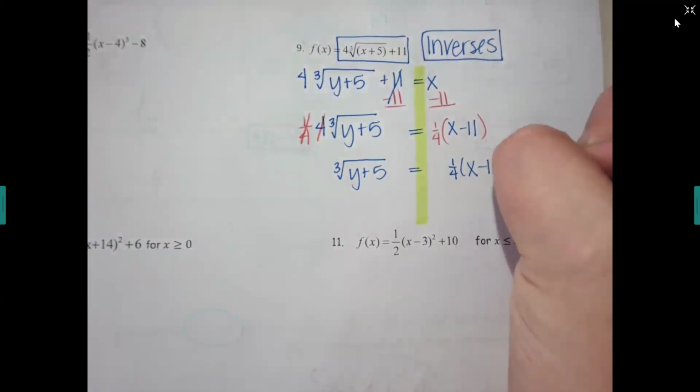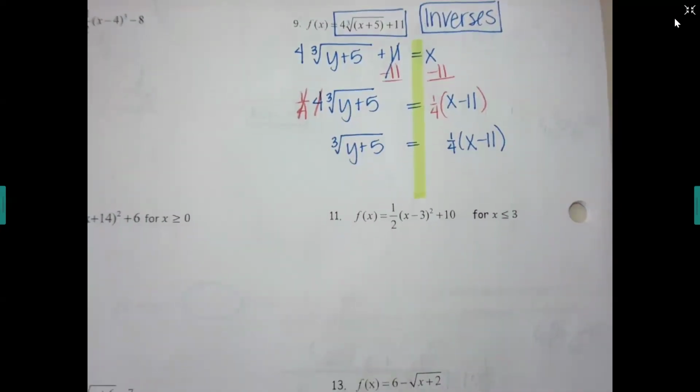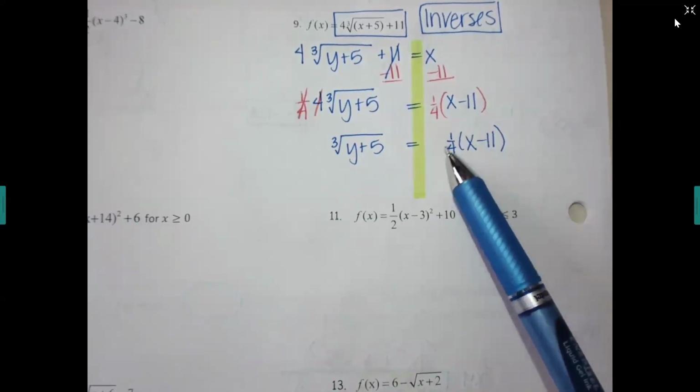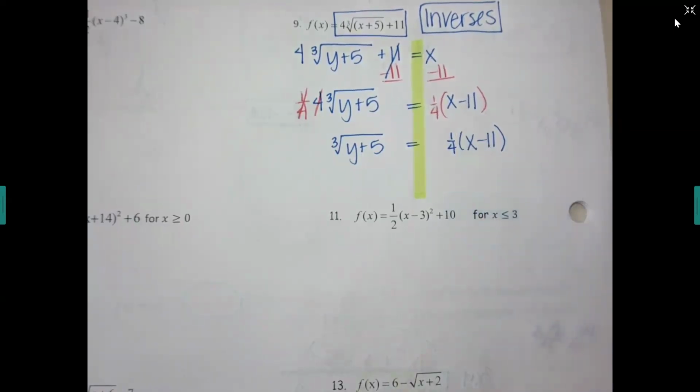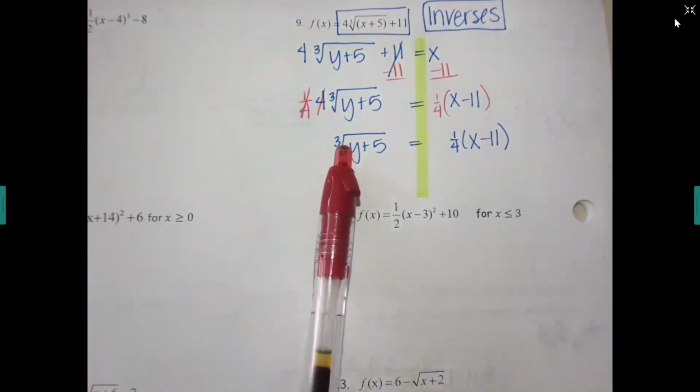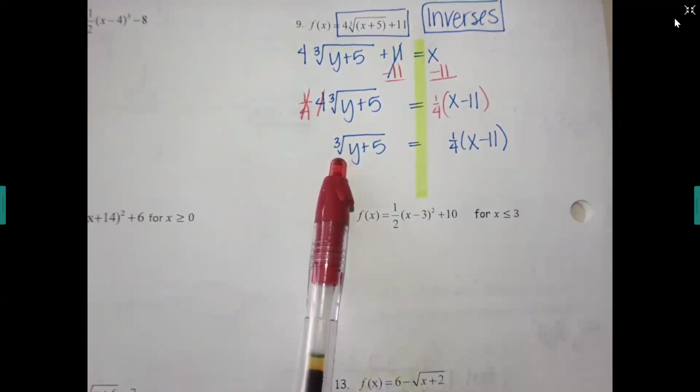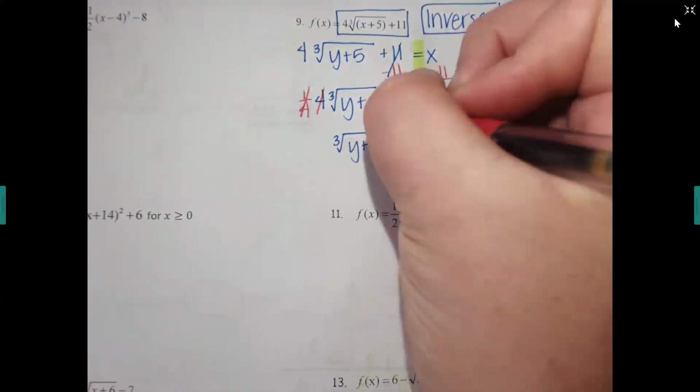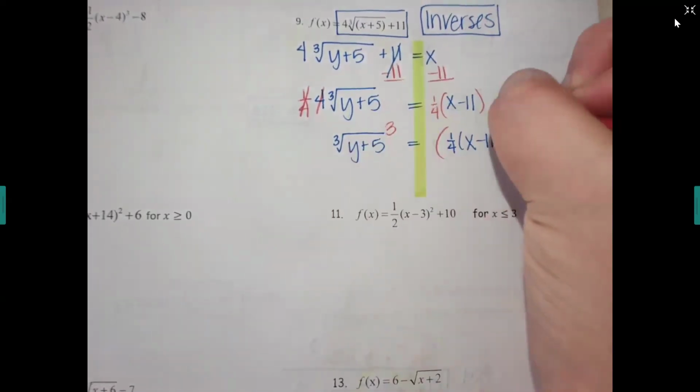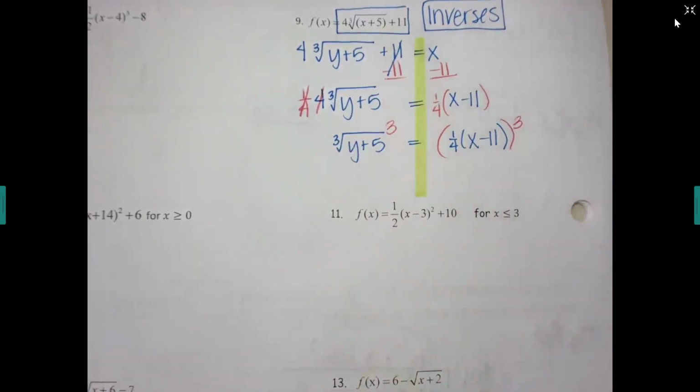Now, remember, the day that we covered this, I said, if you want to times this in, you can, but I would just leave it. We're going to lazy multiply, lazy divide today. We're going to leave it like that. Next question, powers and roots cross out. So how do I get rid of a cubic root? I use a power. It'd be a 3 power and a 3 power.